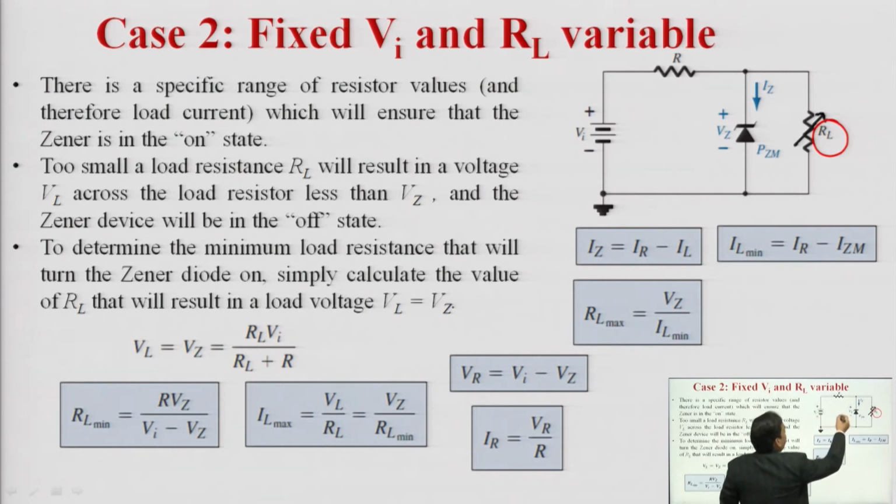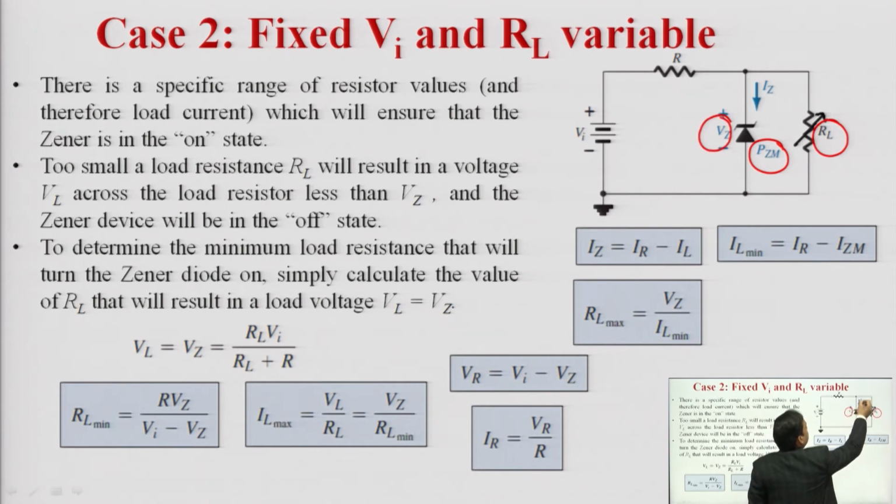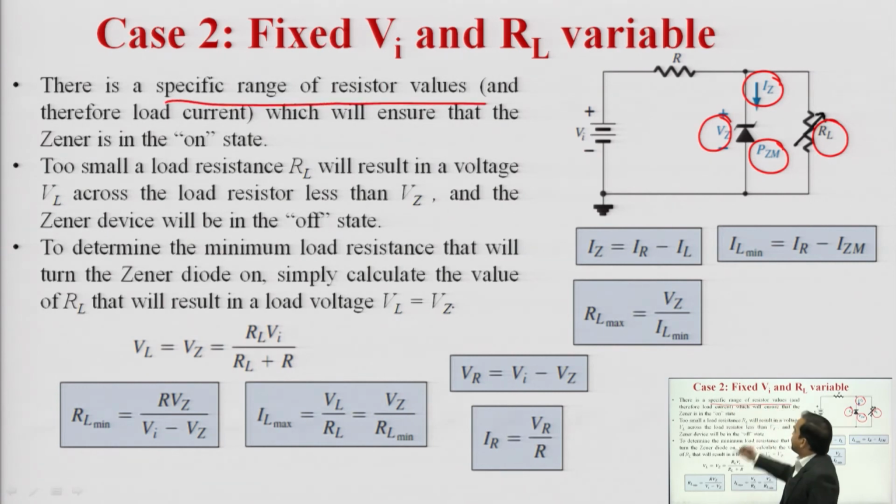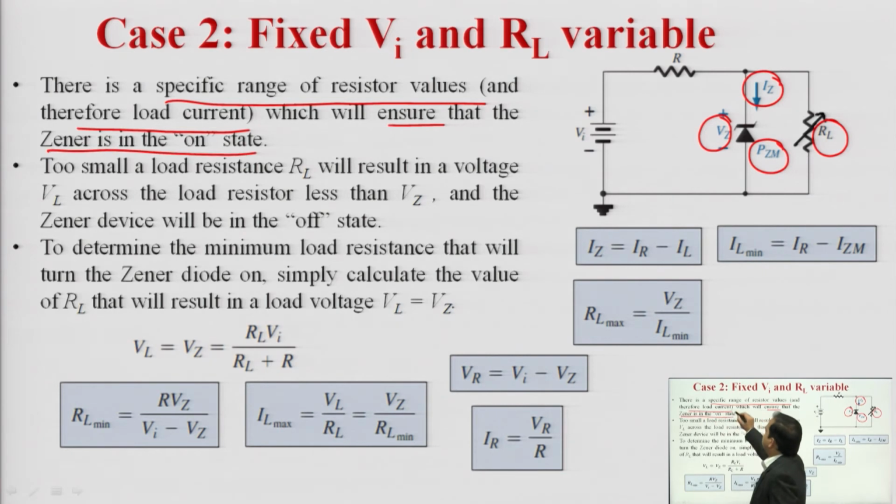Again we have the same notation: PZM is the maximum power dissipated by the Zener diode, Vz is the Zener voltage, Iz is the Zener current. So, how can we find out the parameters for this particular circuit? Here there is a specific range of resistance values, and corresponding to this range of RL, we have the variation in load current as well, which will ensure that the Zener diode is in the on state.